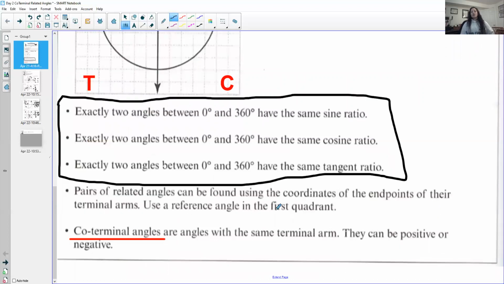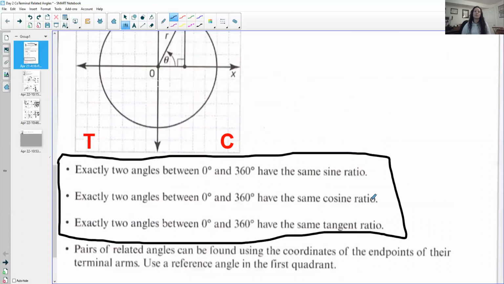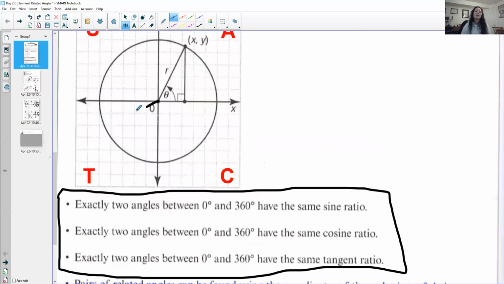Pairs of related angles are found using the coordinates and their endpoints. You use the reference angle in the first quadrant. So basically, you're making your triangle with your x-axis, is what it was trying to tell you. And coterminal angles are angles with the same terminal arm. So if I had an angle down here, this was the related angle to something that would be over here.